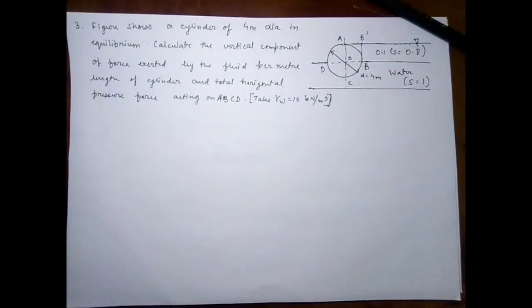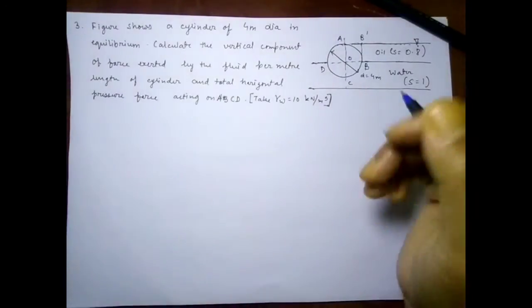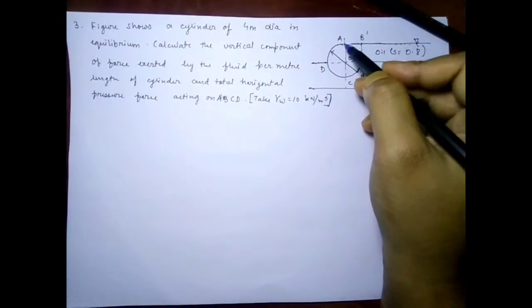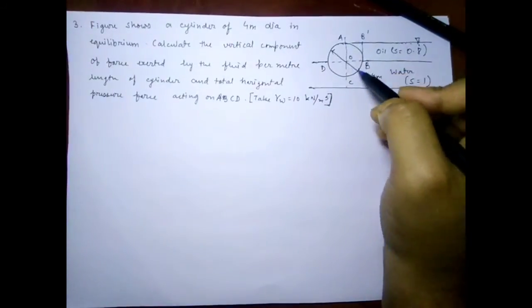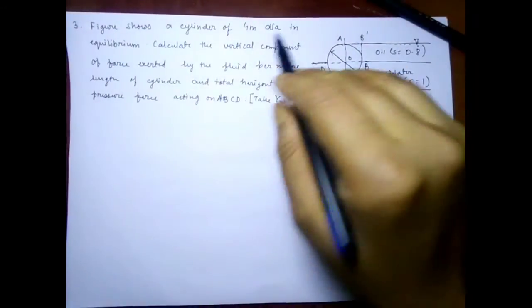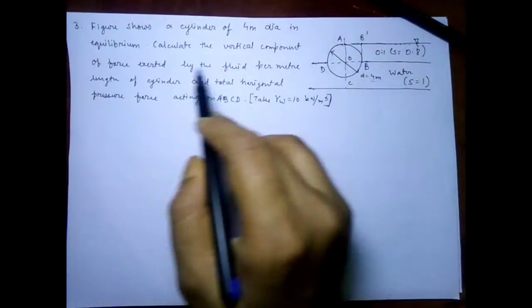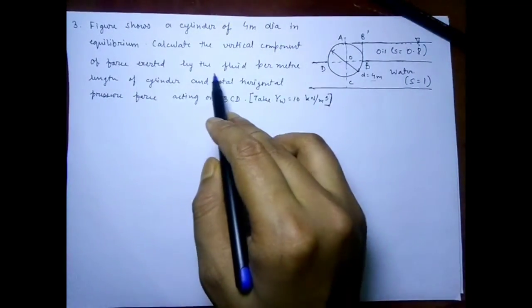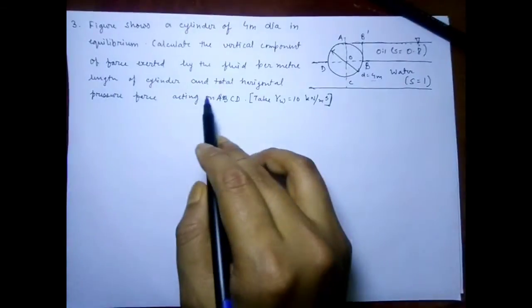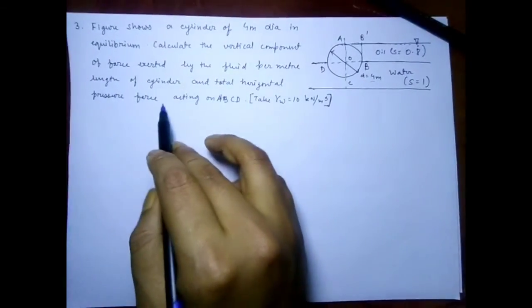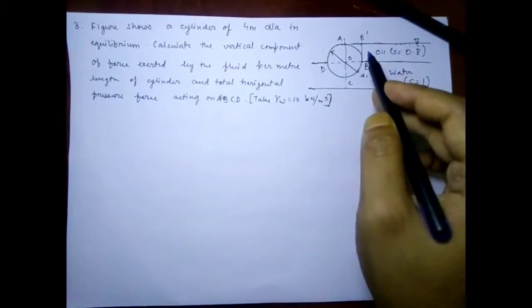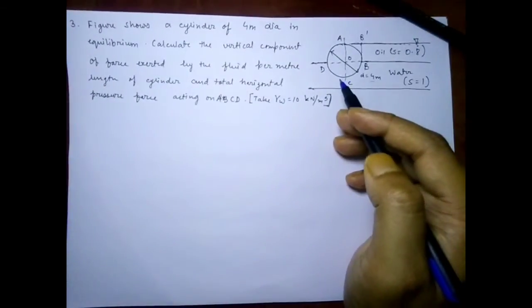In the next question, we are given a cylinder with 4 meter diameter in equilibrium, and we must calculate the vertical component of the force exerted by the fluid per meter length of cylinder and the total horizontal pressure force acting on ABCD.